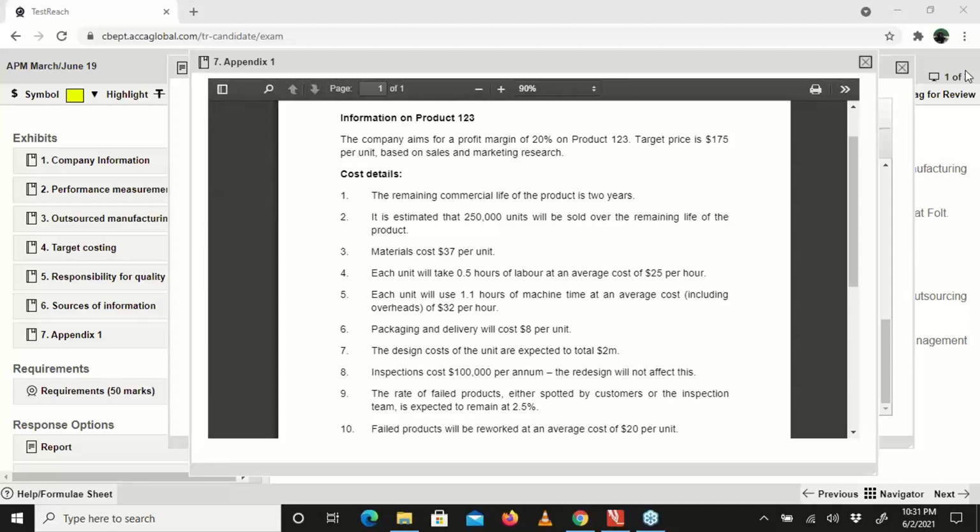Are you done with it? Is everyone done with this calculation? Let me know when you are done. What is the cost gap?